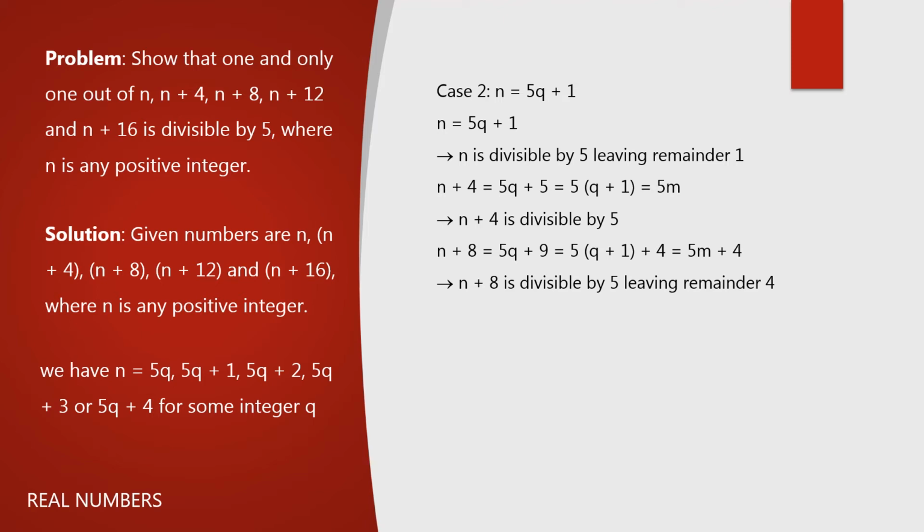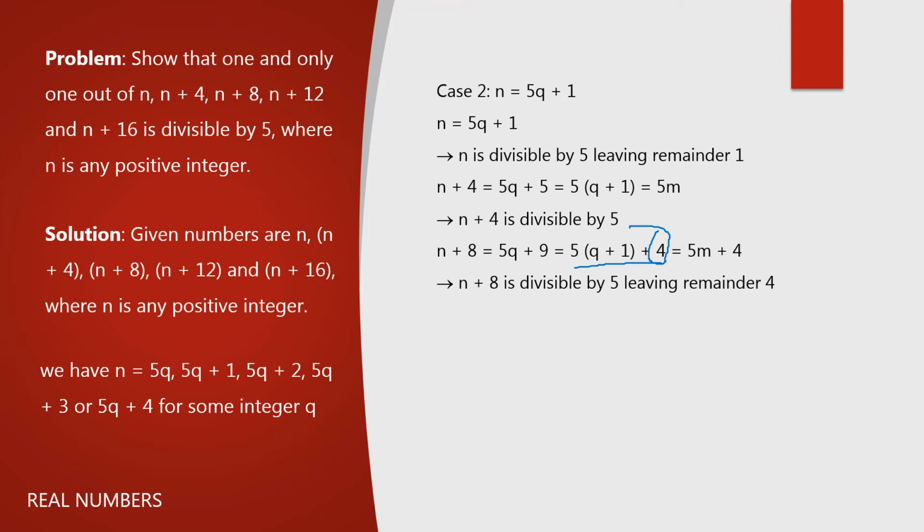Then 5q plus 9 is written as 5q plus 5 plus 4. From the first two terms I can take 5 common, that is 5 into q plus 1, plus 4. If we simplify this one, you'll get 5q plus 5 plus 4, that is 5q plus 9. Now this 4 is less than the divisor only, that's why 5m plus 4, I can write m is equal to q plus 1.